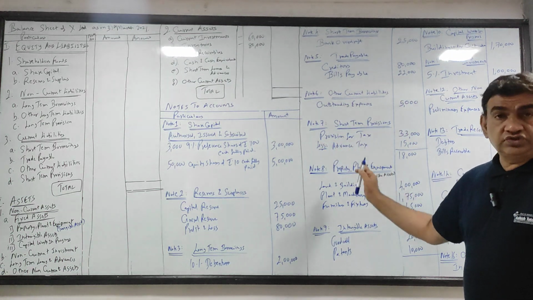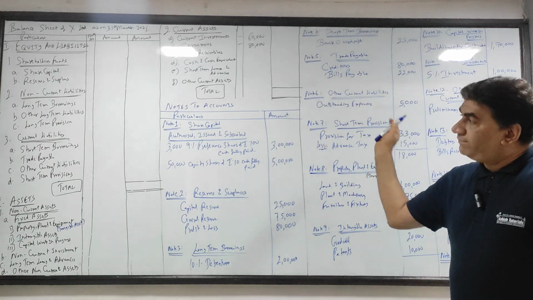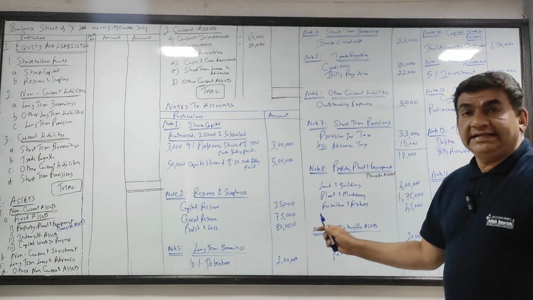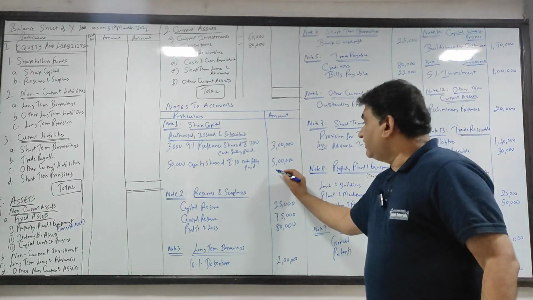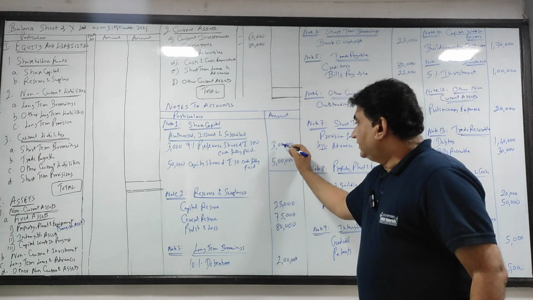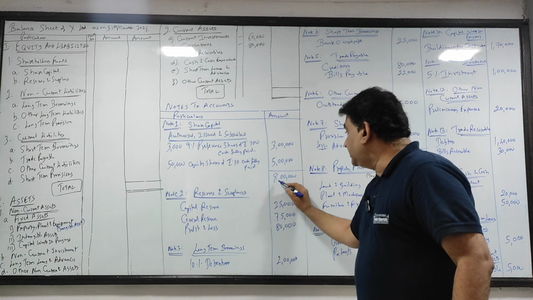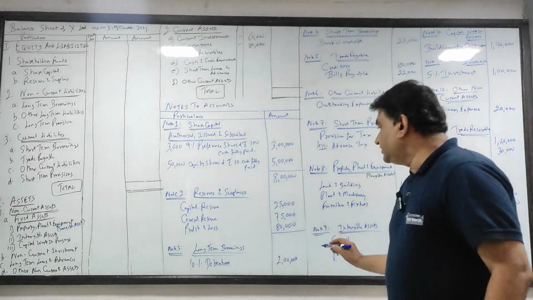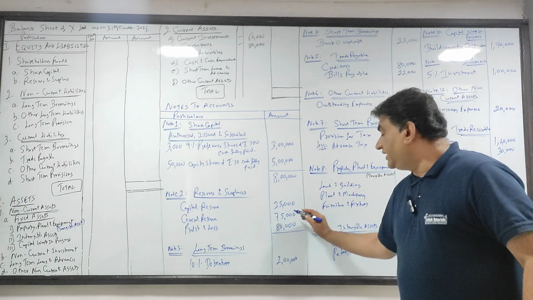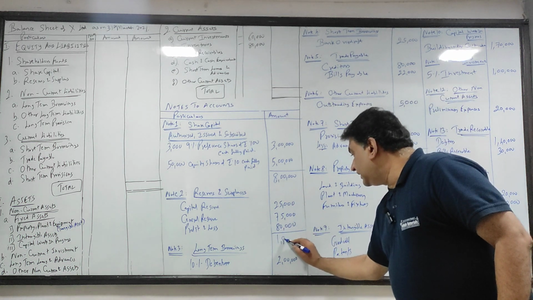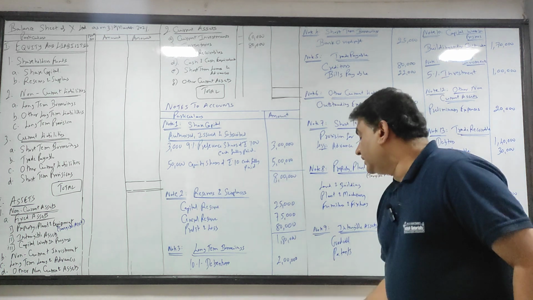We use the word notes to accounts. Now, before I put this in the balance sheet, first let's take the total of each and every note. Note 1: 3 lakh, 5 lakh, total 8 lakh. Just present the total in a simple way. Reserves and surplus is 25 and 75, 1 lakh plus 80, 180.